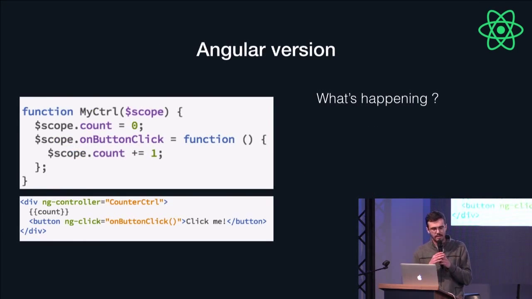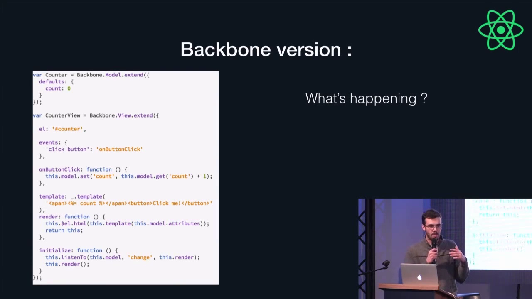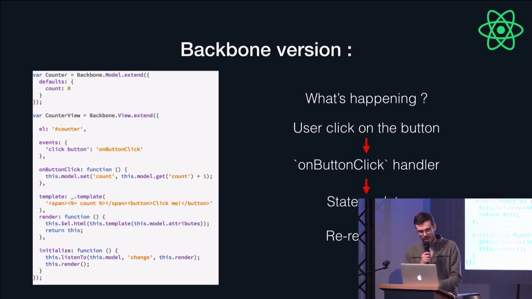Now, let's look at the exact same component, but written with Angular. And if you try to describe what's happening in this component, the same description still applies. The user clicks on the button, the handler is called, it sets the state, which triggers re-rendering. And even for older frameworks like Backbone, we have the exact same description.